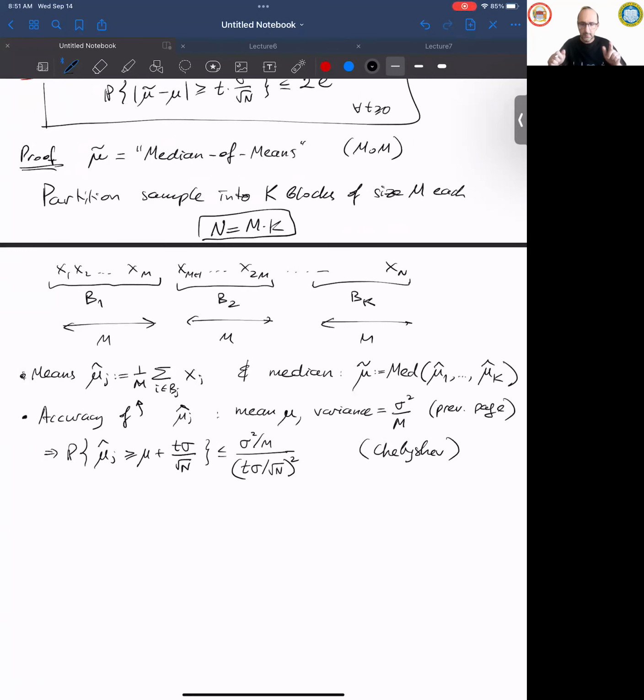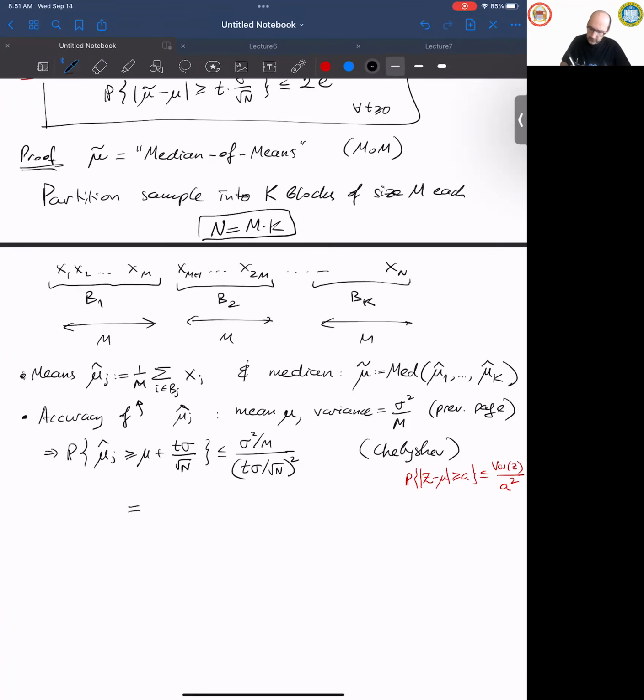Remember Chebyshev? Maybe I should remind you. Chebyshev goes like this: the probability that z minus its mean is greater than something is less than the variance of z divided by something squared. And that's exactly what we did, but we did the one-sided inequality. That's all we need for now.